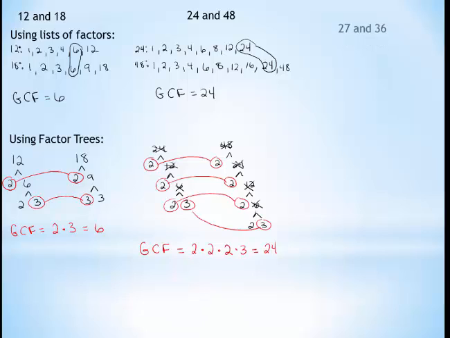And finally, our last pair was 27 and 36. Listing my factors, I have 1, 3, 9, and 27.